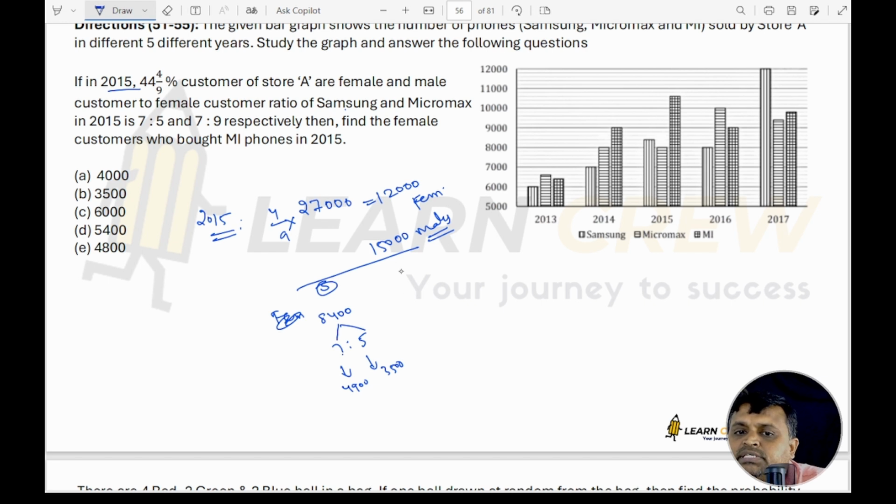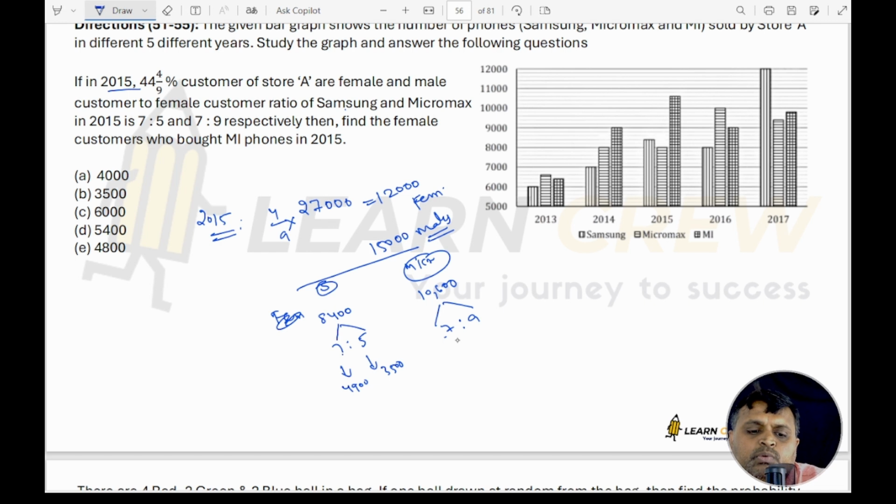Similarly, Micromax. Micromax is 10,600. So 10,600, male to female ratio is 7:9. So 16 parts. Am I correct or not? So 16 parts is 10,600.